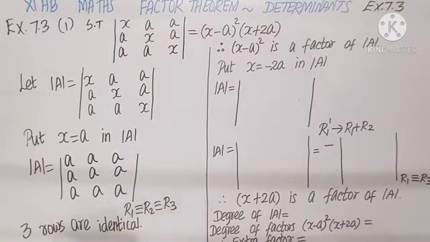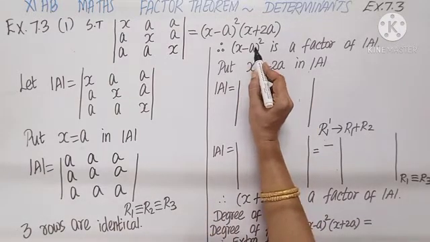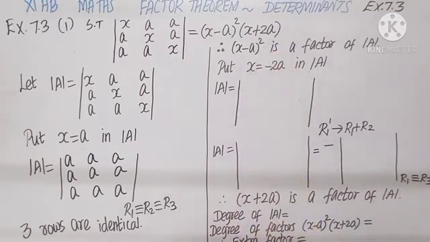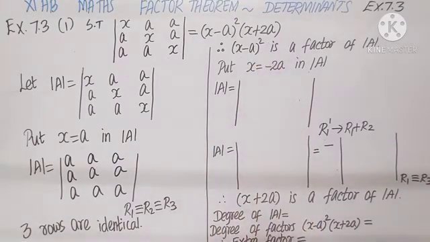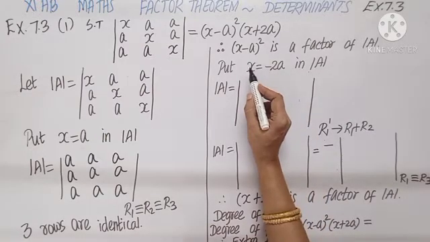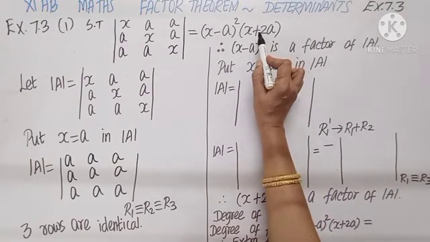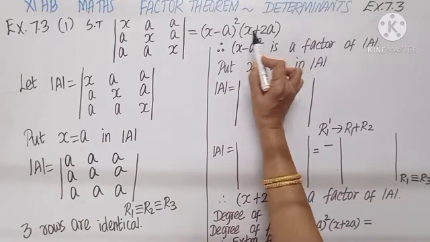If 3 rows are identical, we say x minus A the whole square is a factor. 2 rows, x minus A power 1. 3 rows, x minus A the whole square is a factor of determinant. Now, wherever x is coming, we put minus 2a because the next factor is x plus 2a.